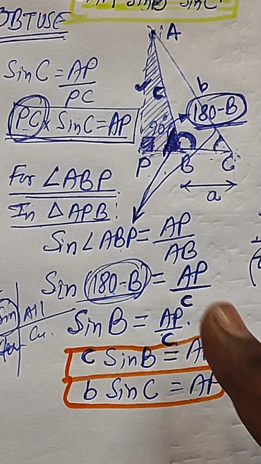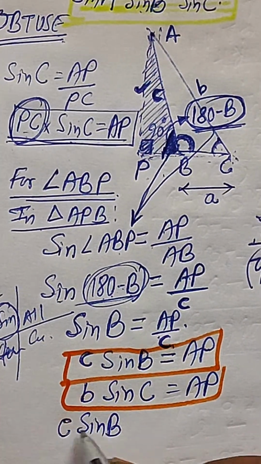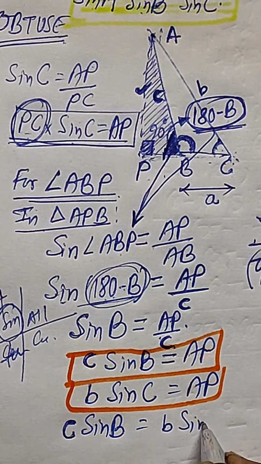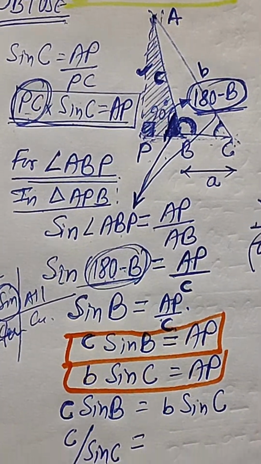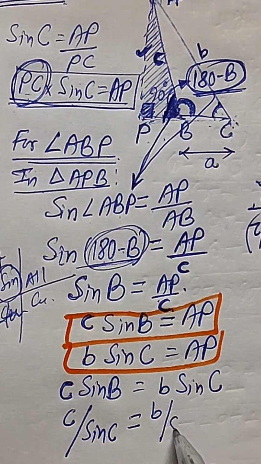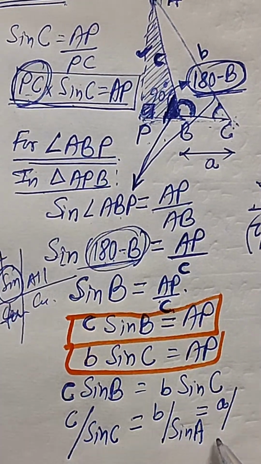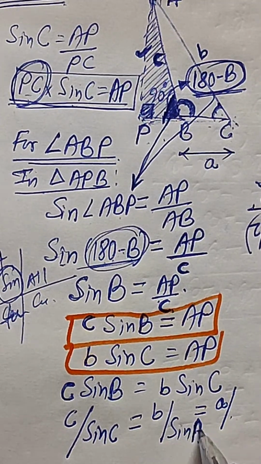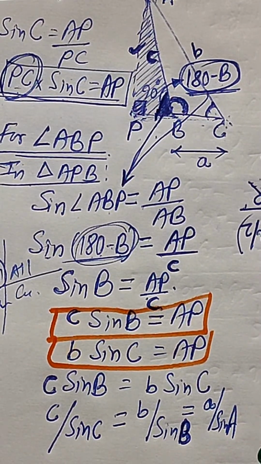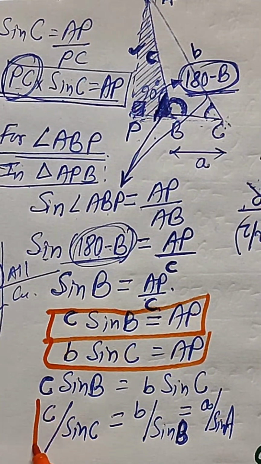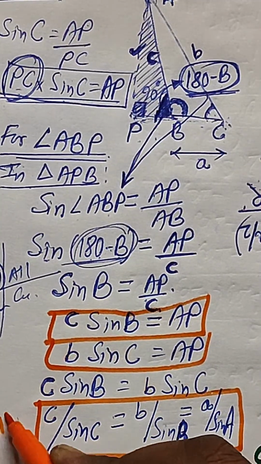When you equate both of them, we get c times sine B is equal to b times sine C. So this will give you c by sine C is equal to b by sine B, and similarly it can be proved equal to a by sine A. So again, for an obtuse angle triangle also we have proved that a by sine A equals b by sine B equals c by sine C. The sine rule is equally valid.